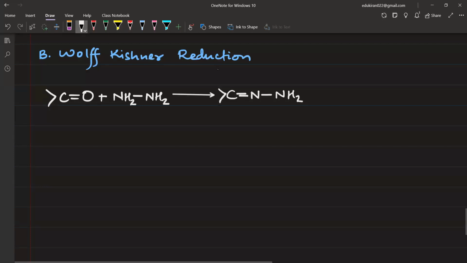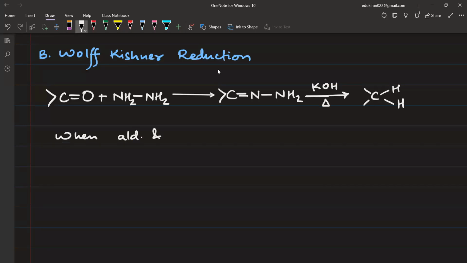Now, further we need to add KOH in high heat. We actually add boiling KOH, so it's very hot. Okay. So what happens? The bonds are as it is, and then this carbon gets two hydrogens. Same product.